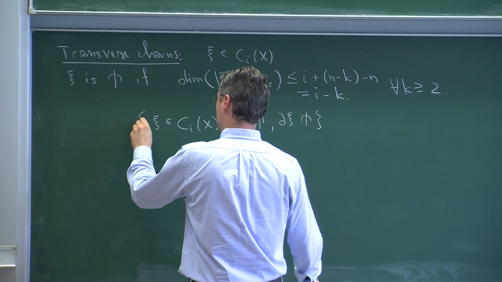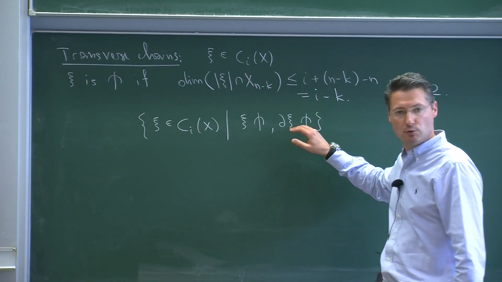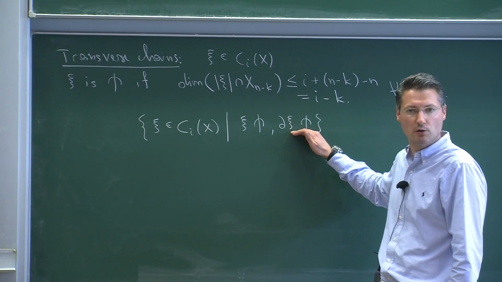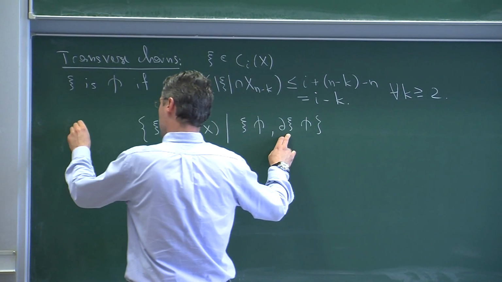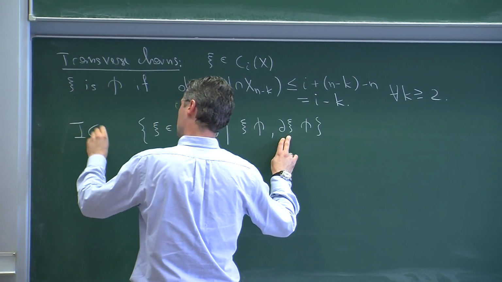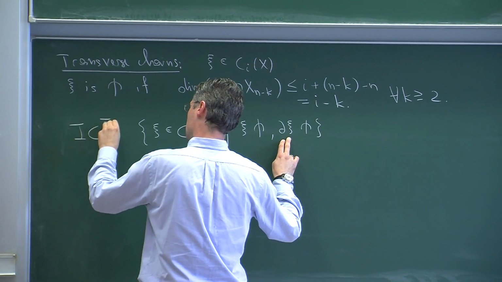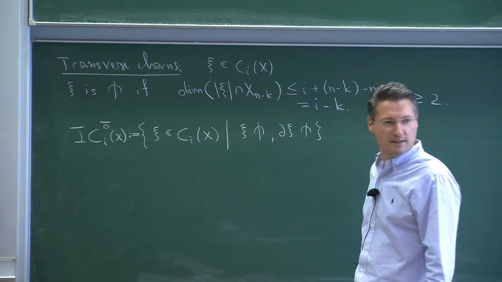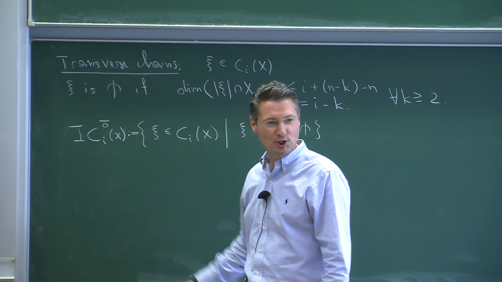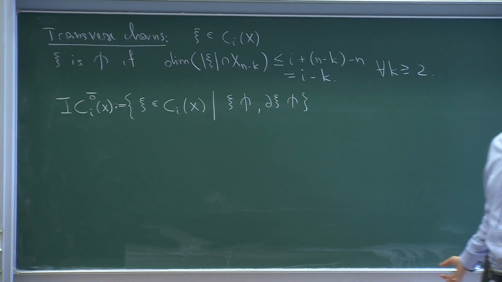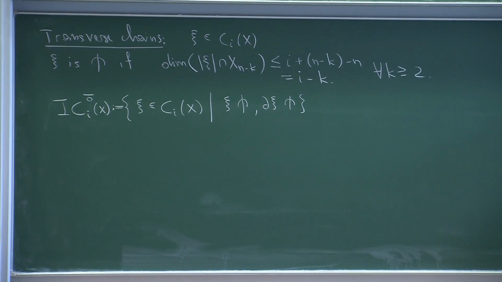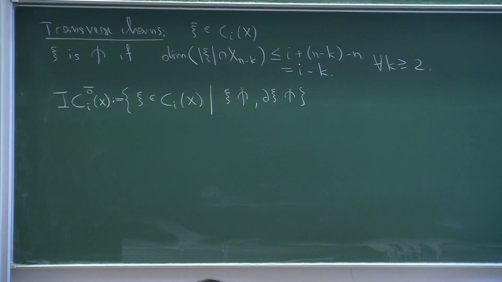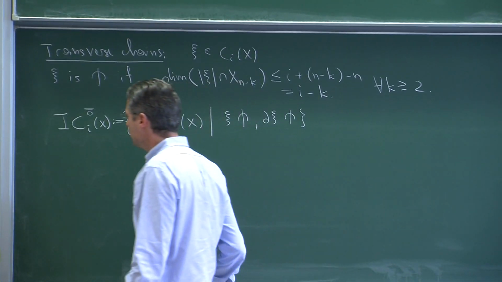So this becomes a chain complex because I've required the condition explicitly also for the boundary, and I call this IC 0 I of x. Now secretly, this already stands for intersection chains, but I'm not saying it yet, right? So these are just the transverse chains. Okay.